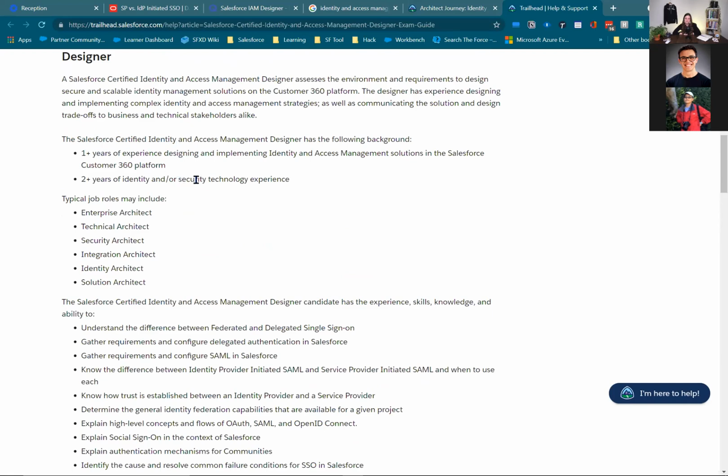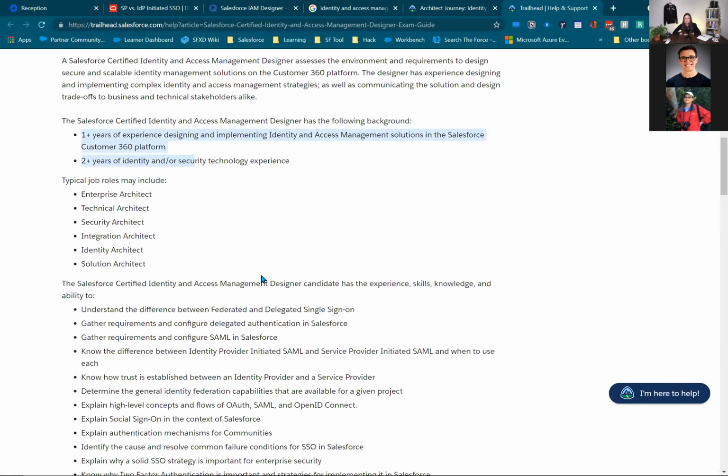They usually tell you how much experience you need to have. This is just a guideline, not necessarily a hard limit. I took a lot of exams without enough time of experience.